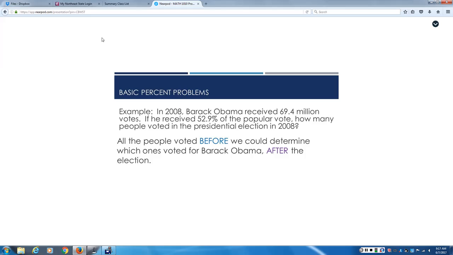The people voted before we could determine what percentage of them or how many of them voted for Obama. So the before number in this case was everybody that voted. And the after number was the percentage of all the people that voted, and they were the ones that voted for Obama. Okay? This is a different setup from what we did before.